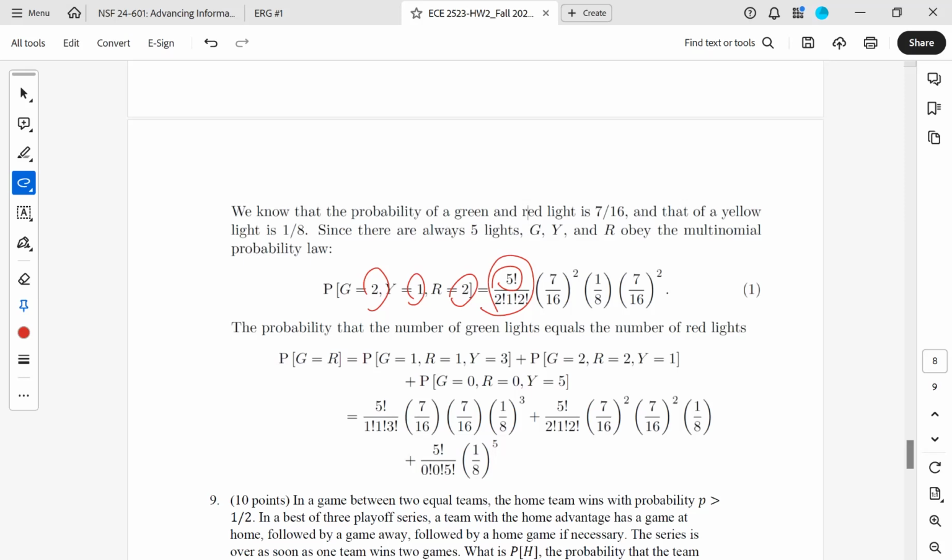So these are the number of combinations. In these combinations, I have the first green light, 7 over 16, and the second one, to the power of 2, and 1 yellow light, multiplied by 1 over 8, and the first red light, 7 over 16, and the second red light, to the power of 2.